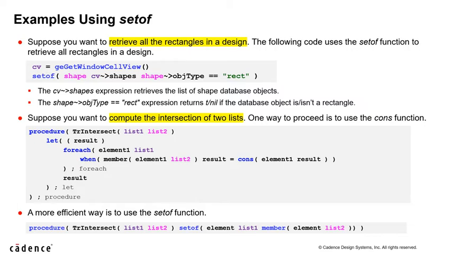Because that's the object type that's stored on every shape that is a rectangle. So basically going through that list of all the shapes, we then test which ones meet the criteria of being a rectangle, and then our resulting list that we return from setof would be the list of only objects which are rectangles.